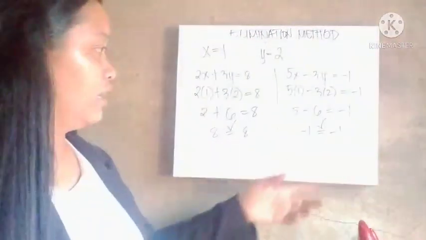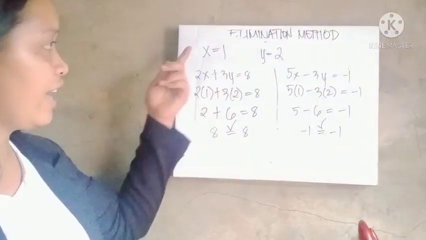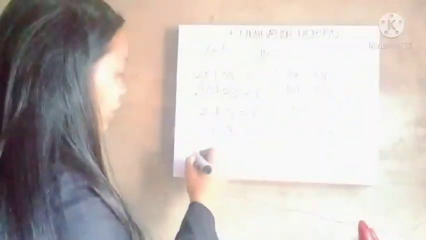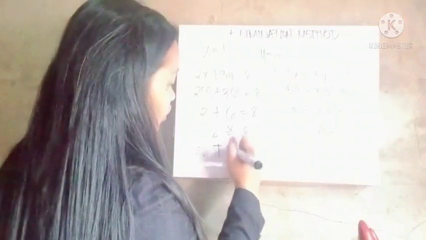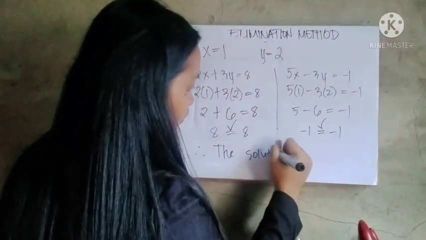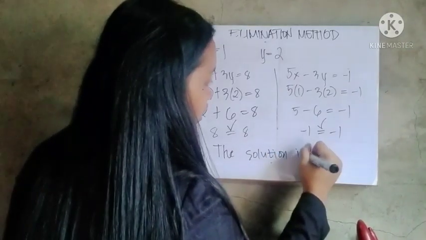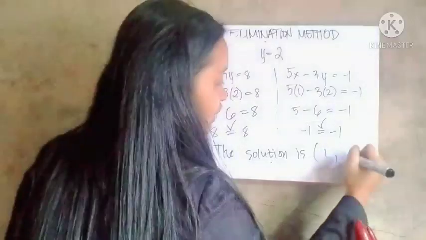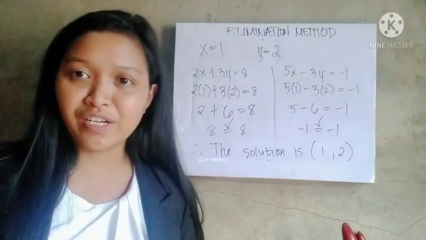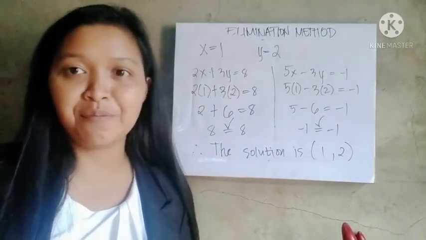Since our x and y are correct, therefore our solution is 1 and 2. That's how to solve two variables using the elimination method.